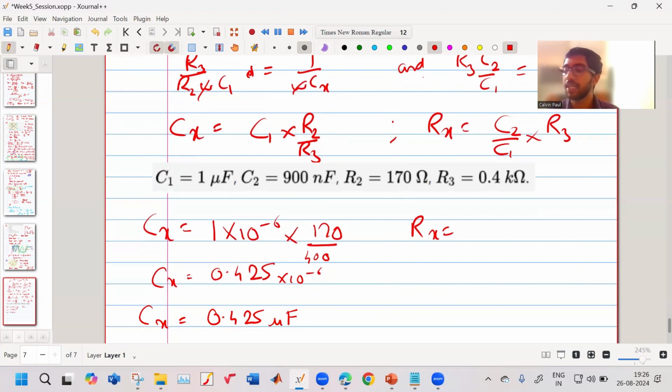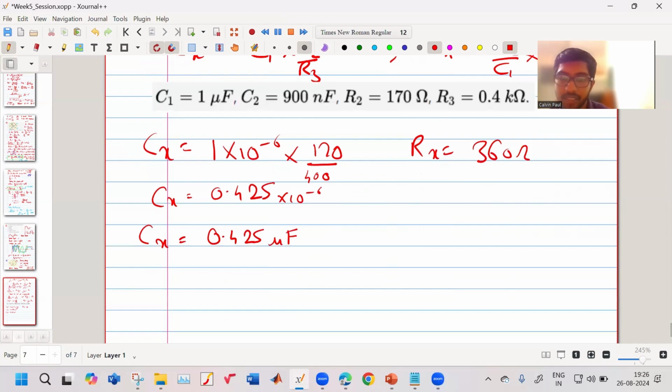Similarly, you find Rx. Yeah, Rx is 360 ohm. So we found Cx, we found Rx.